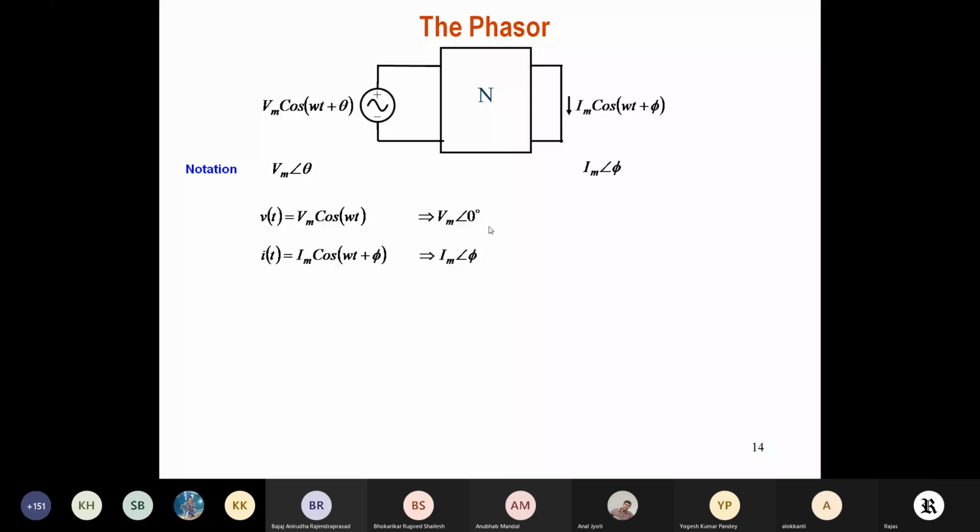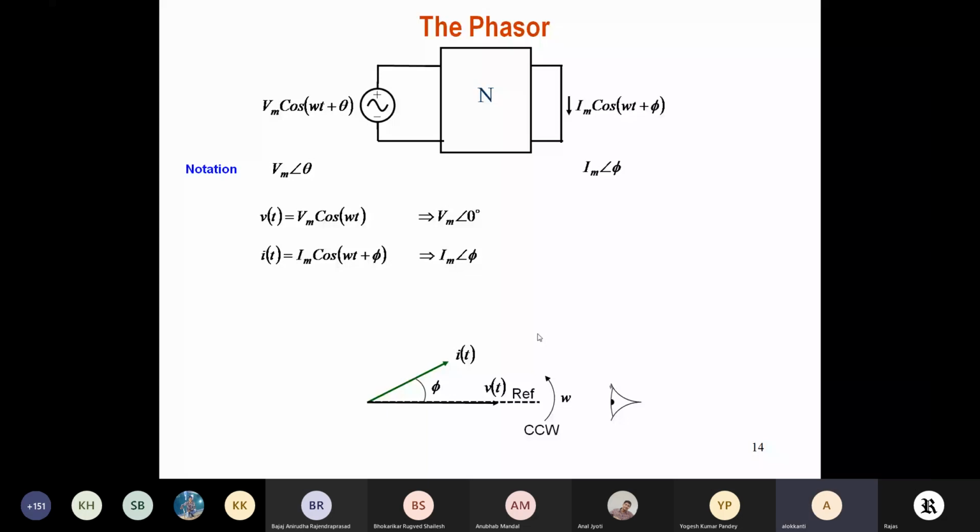Now, what does it mean? If your Vm is here and your Im is somewhere here, this is a representation. This phi can be positive or negative depending upon the situation, but we have assumed some positive phi. This is the general notation we have been using several times.